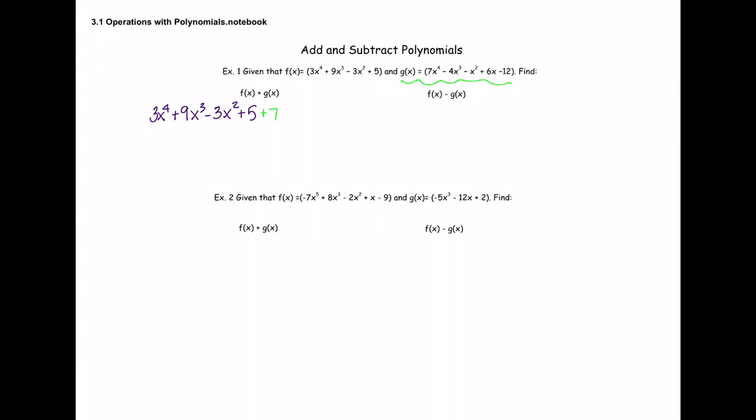So we have plus 7x to the fourth minus 4x cubed minus x squared plus 6x minus 12. We then want to combine our like terms.